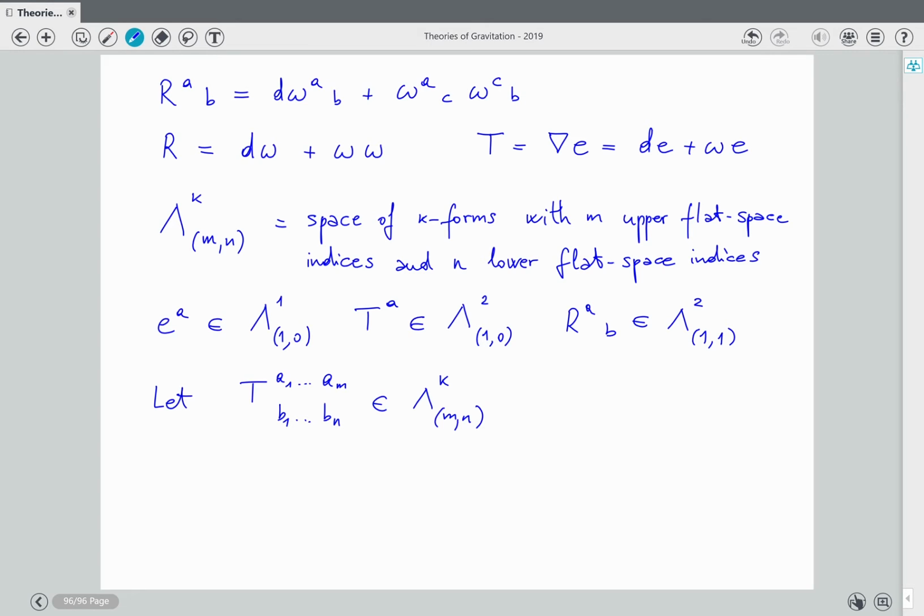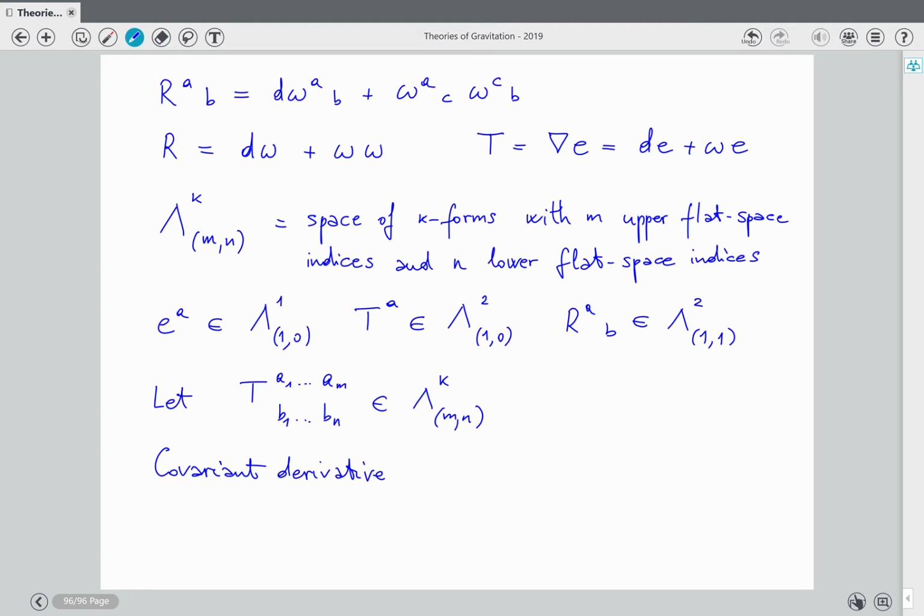For the moment, we just work locally. We want to define the covariant derivative of this. And we will see that it has the right properties to be a covariant derivative.